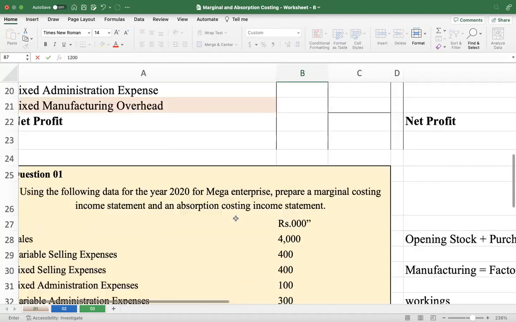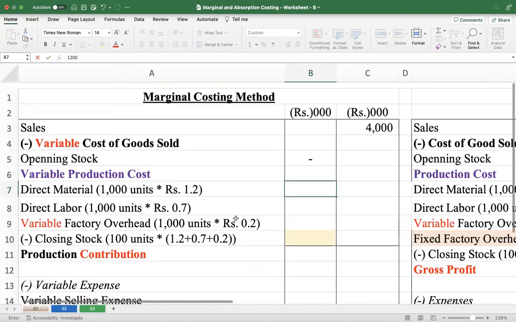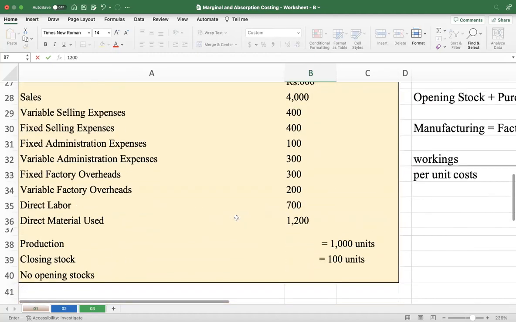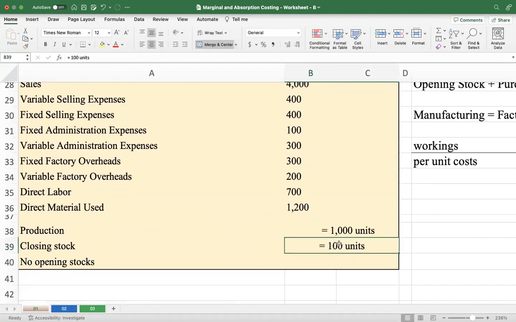Now, in the marginal costing method, or whether it's the absorption costing method, in order for us to find the value of the closing stock, if they have given only the number of units in the question, not the value itself, what do we need to do? We need to find the value of these closing stocks.